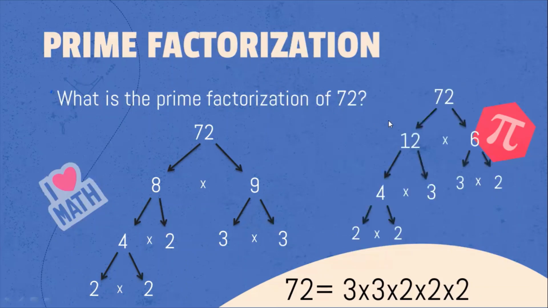You can also have it this way because 72 has different factors such as 12 multiplied by 6. Then 12 is a composite number. We can have other factors such as 4 times 3. 3 is already a prime number. Then 6 has other factors such as 3 multiplied by 2. 2 and 3 are now prime numbers. 4 has other factors such as 2 times 2, and 2 and 2 are prime numbers.